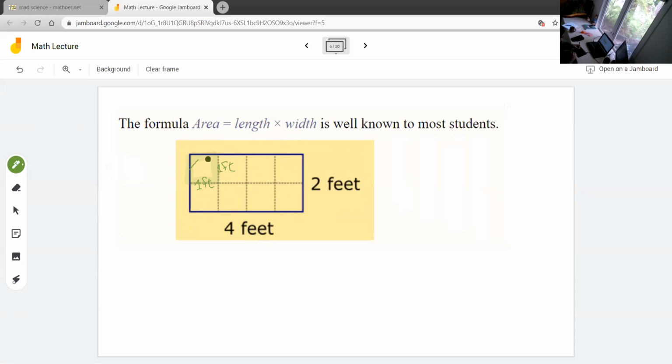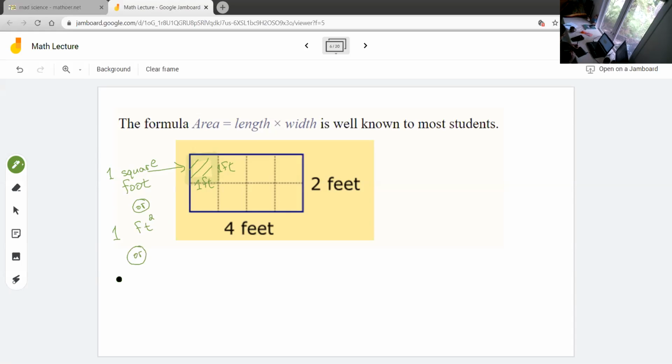So this shaded area here is very convenient. This is like what kind of tile I would buy at the store. And 1 times 1 is 1. So we're going to call this 1 square foot. If you're fancy, you might write it as 1 square foot that way.